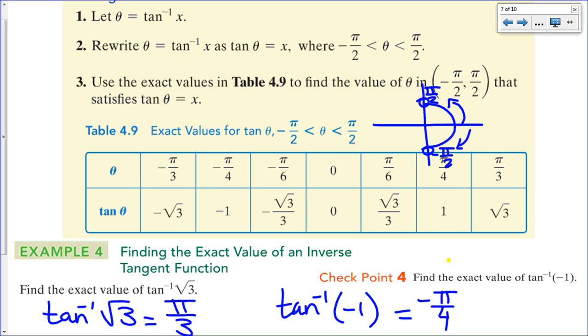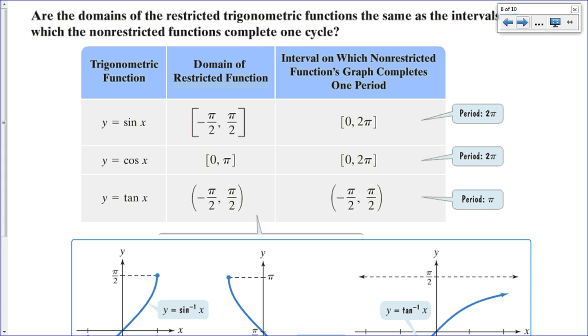So let's go to the next slide, guys. Okay, we have all 3 here. And so I'm just going to make some little drawings here for you to use as reference. When we're talking about sine inverse, your values must be from -pi over 2 to pi over 2, including those, right? What about secant, cosecant, cosine?